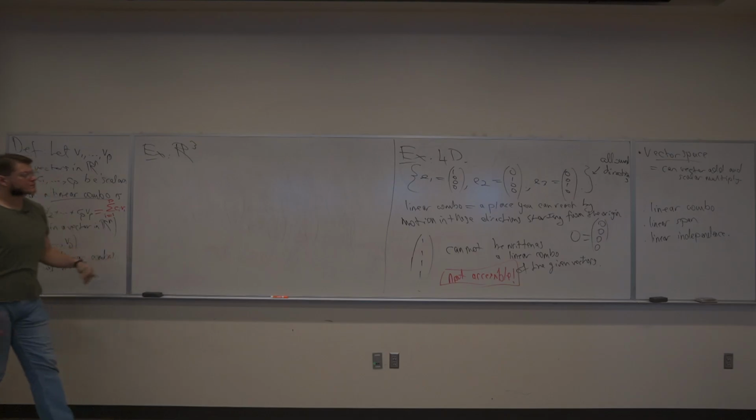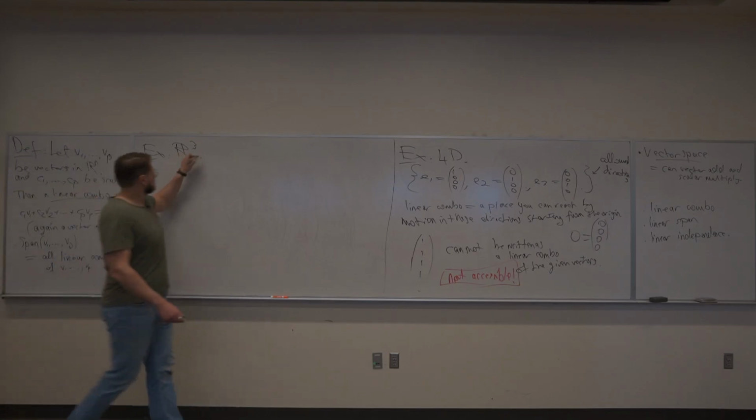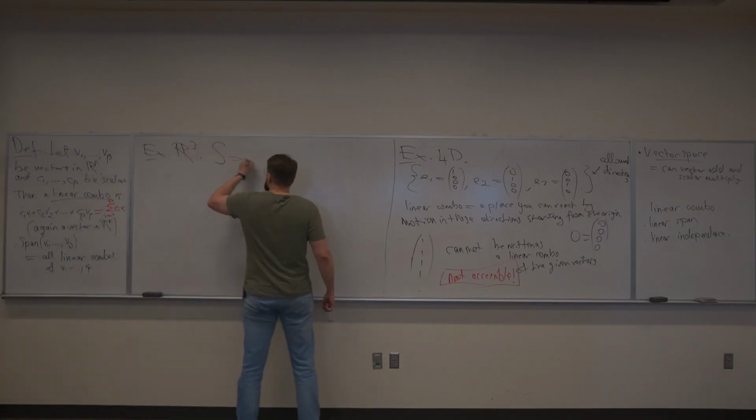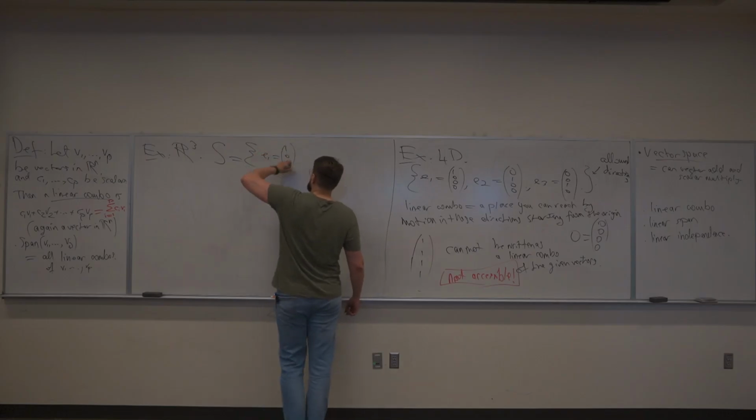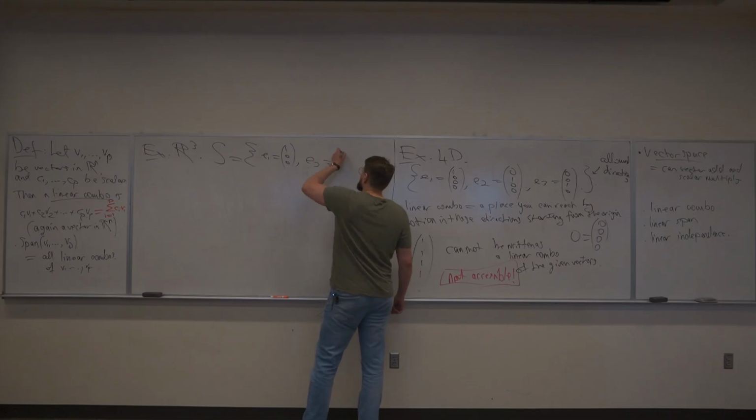R3. Let's say S is the set of vectors E1, 1, 0, 0, same thing. E2 is the 0, 1, 0 vector.